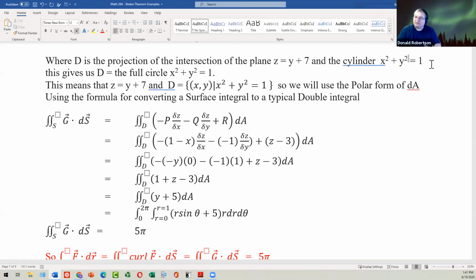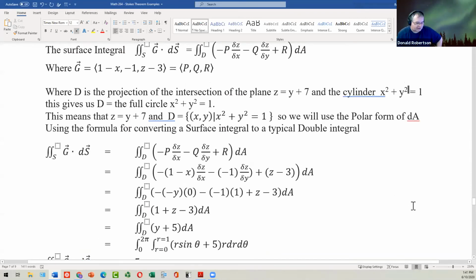Now I can visualize that. That would be an ellipse, wouldn't it? Take a cylinder and cut it at an angle, look at the intersection, the C would be an ellipse. If you take an ellipse and project it down onto the floor, that's the D that we need to find. Whew. Okay, so what does that D look like?